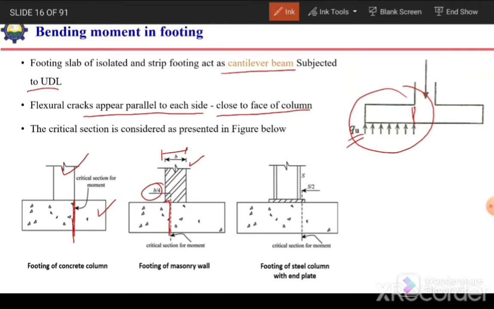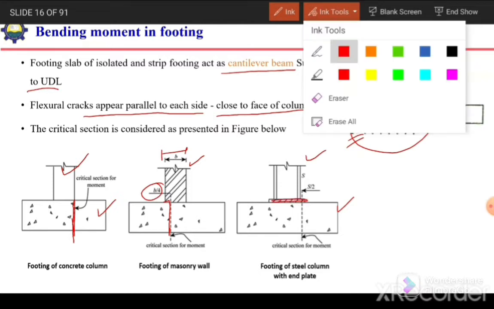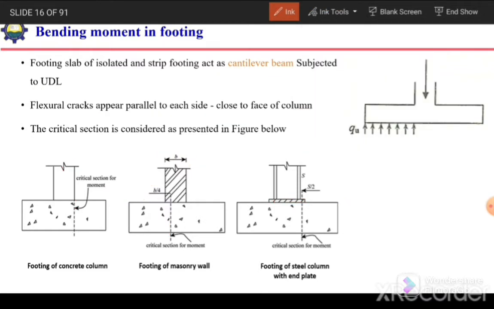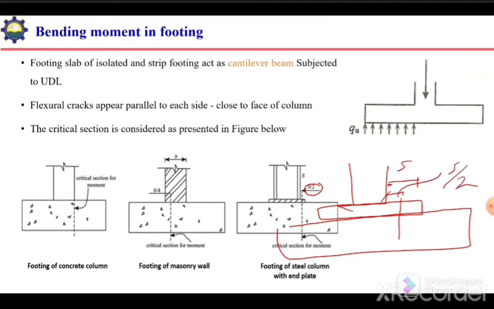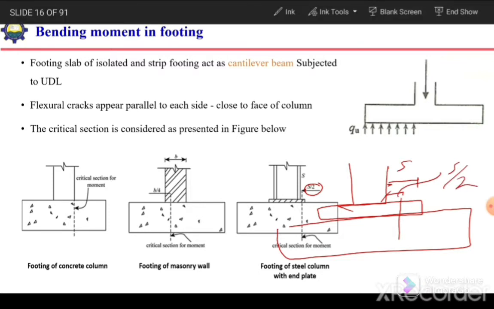And in case of a footing under a steel column, where the steel column has a base plate, the critical section will be at a distance S by 2 from the face of the column, and S is the projection. So if this is the column and this is the base plate, and here we have a footing, this projection of the base plate is S, and the critical section will be at a distance S by 2 from the face of the column. So these are the critical sections for flexure.